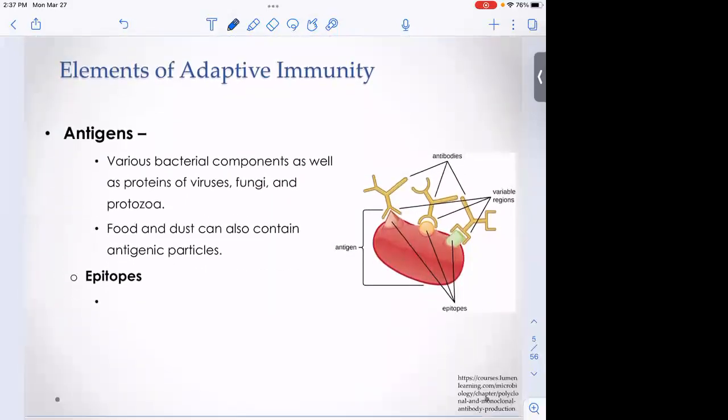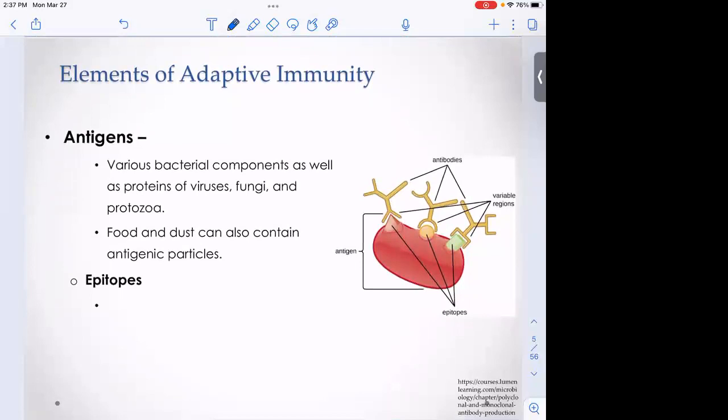We have to talk about a bunch of things before we talk about exactly how the B cells and the T cells get activated to do those things. So what do they become activated against? Things called antigens. I've tried not to use that term already, but I probably have a few times. An antigen is just, let's see how to define this. Antigens are going to cause an immune response.